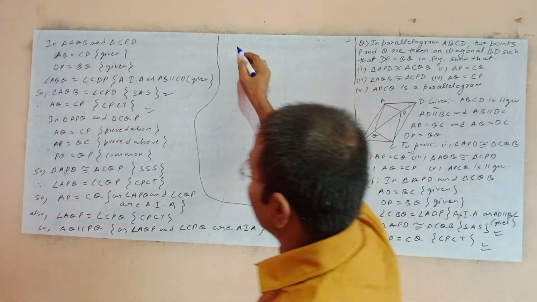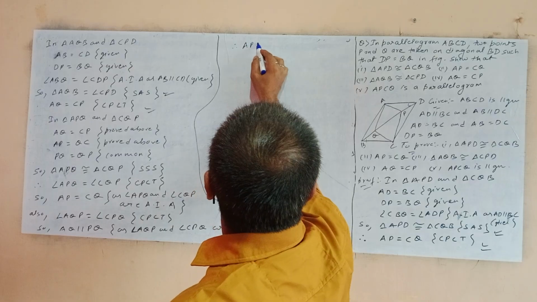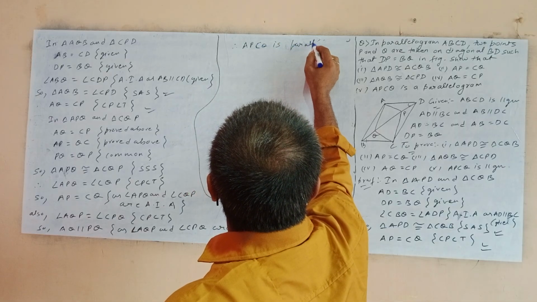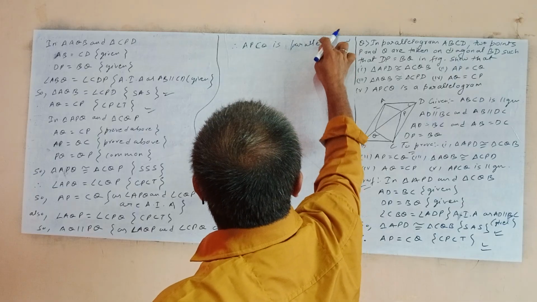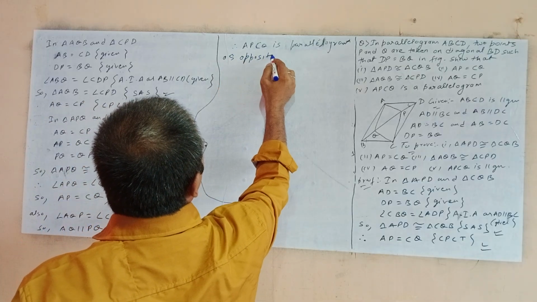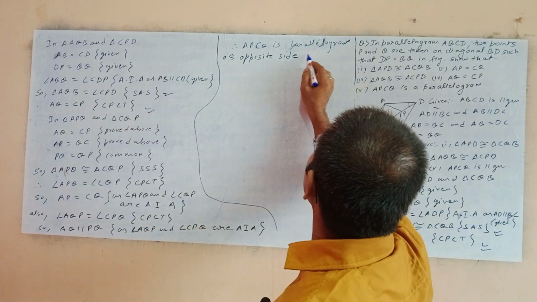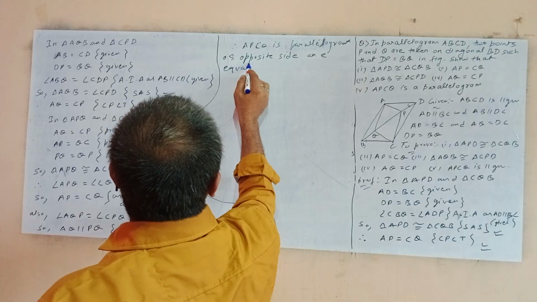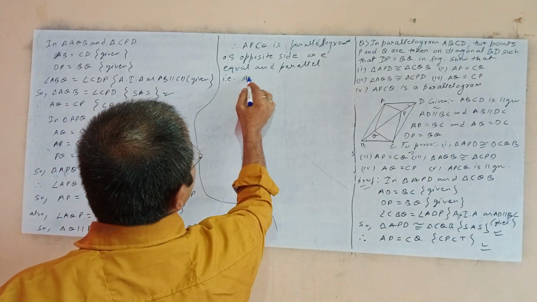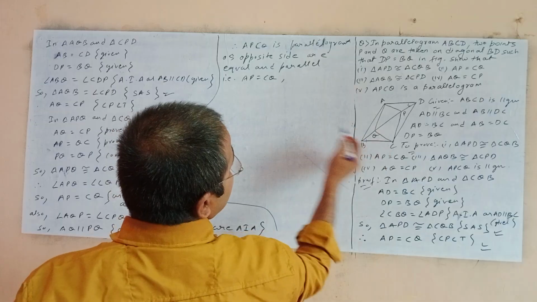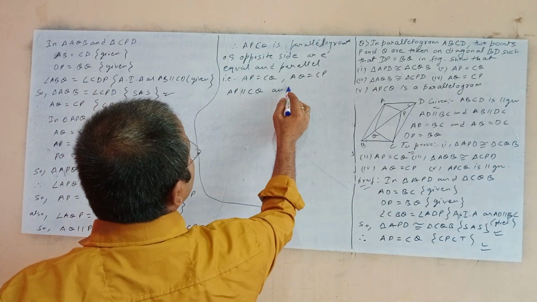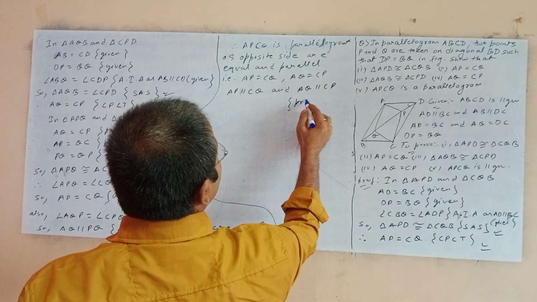Now what will you say? Therefore, APCQ is a parallelogram, as opposite sides are equal and parallel, that is, AP is equal to CQ, AQ is equal to CP, AP parallel to CQ and AQ parallel to CP, proved above.